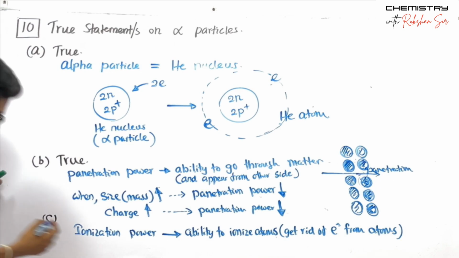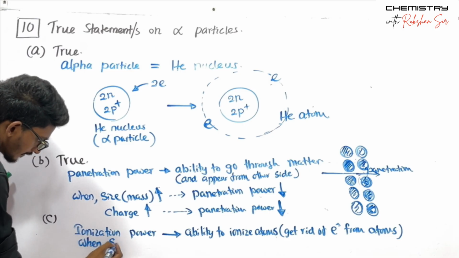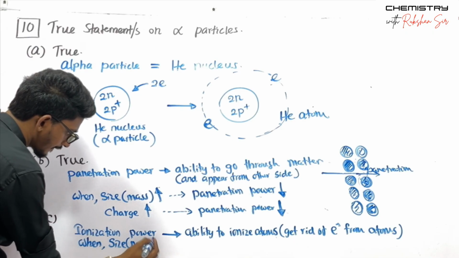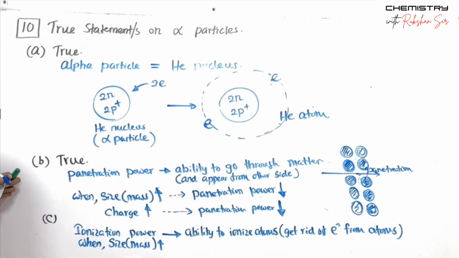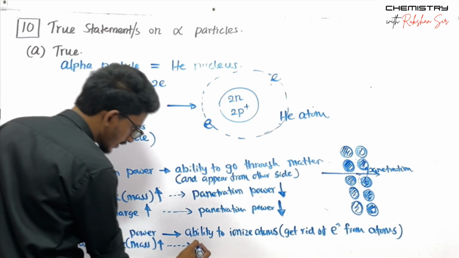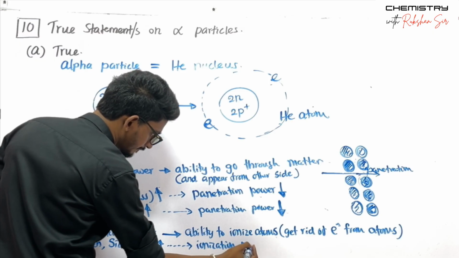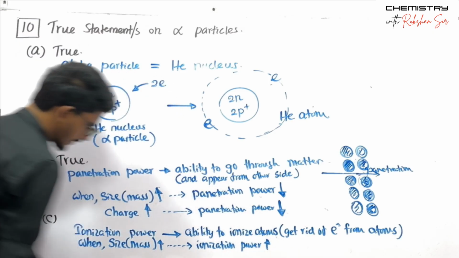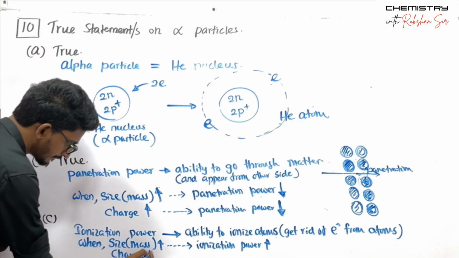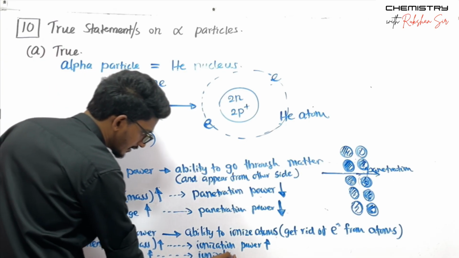So the point is, if the size or the mass is high, you can supply greater kinetic energy towards electrons, and ionization power is high. The other thing is, when charge is high, ionization power is high.